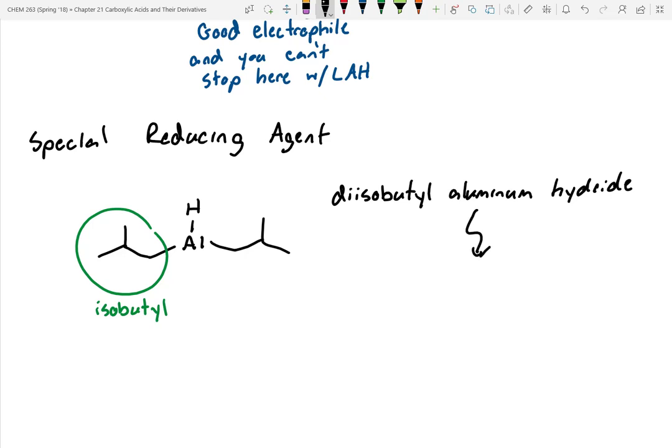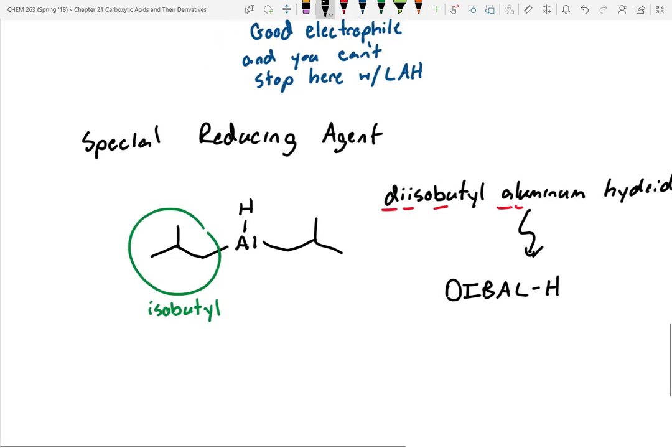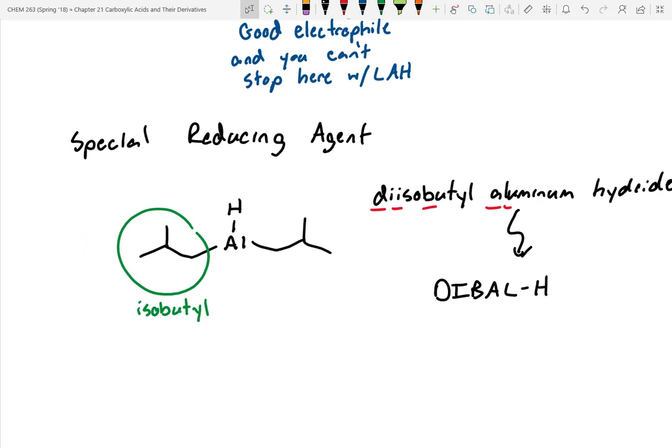So what most chemists refer to this as is DIBAL or dibal. And then sometimes you see the H afterwards, sometimes you don't. It's kind of an assumed H. So sometimes people will write it as DIBAL-H or just DIBAL. They're essentially the same thing. Does that make sense?